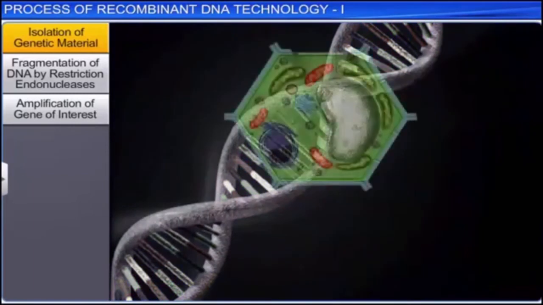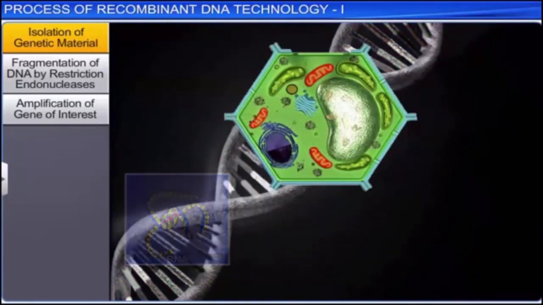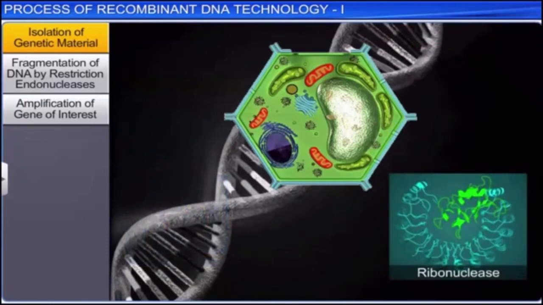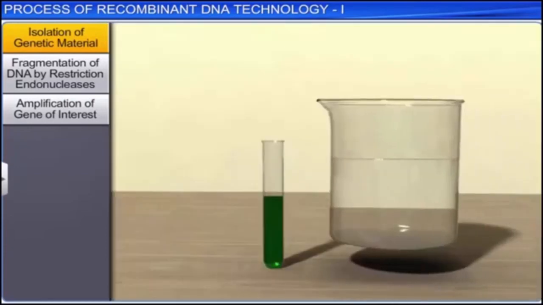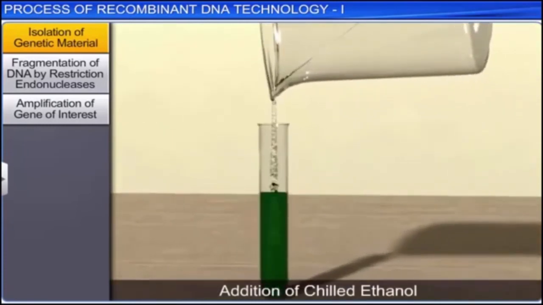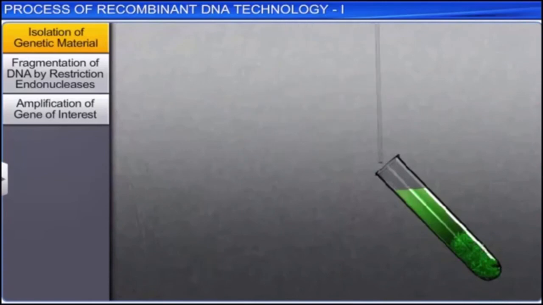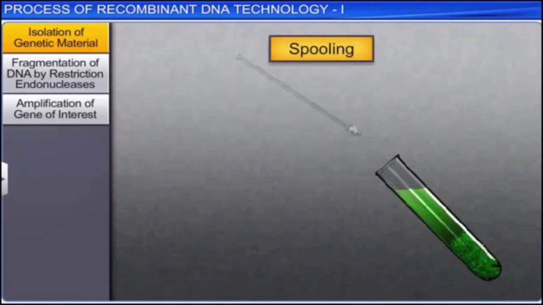On the other hand, RNA can be removed by treating it with ribonuclease. Similarly, other molecules can be removed using specific treatments. Finally, after the addition of chilled ethanol, DNA is isolated as a precipitate. This extracted DNA can be collected using a method called spooling.